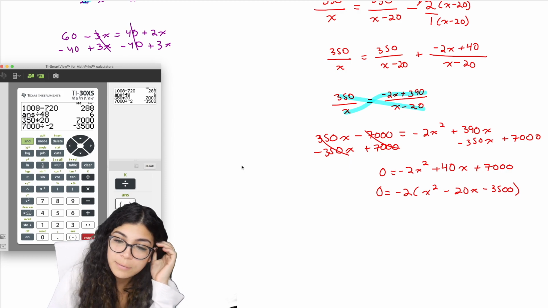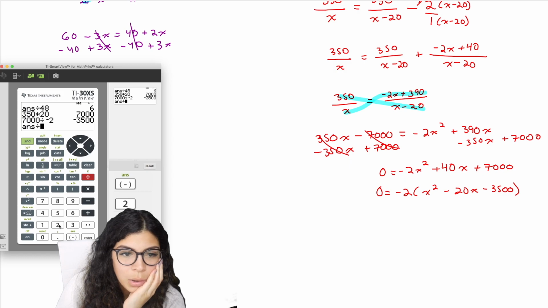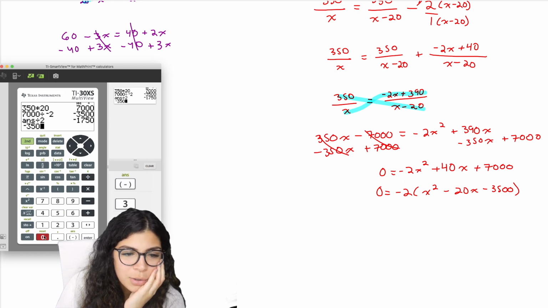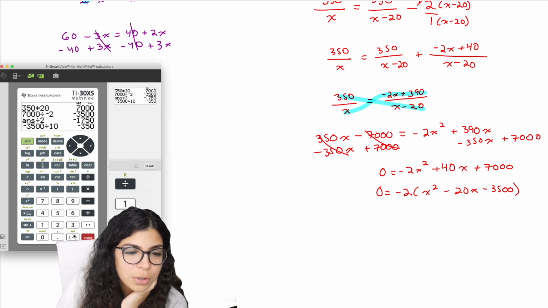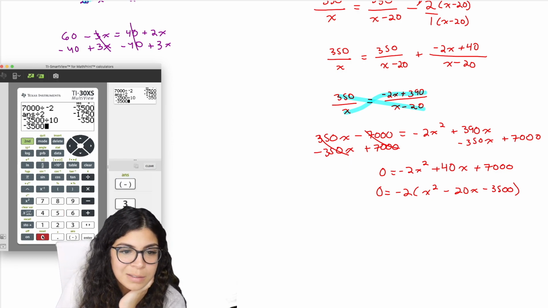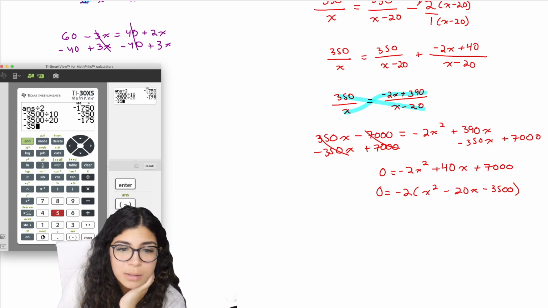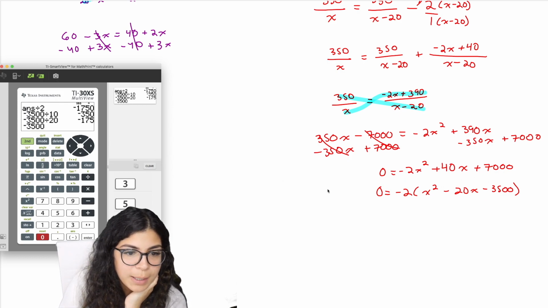Negative 3,500 divided by 2, no. Let's try skipping some numbers, even though normally I would not suggest that, just because it's so large. So we are going to need to skip some numbers along the way. Let's try 20. Nope, even bigger than that. It has to subtract because you're multiplying to a negative.